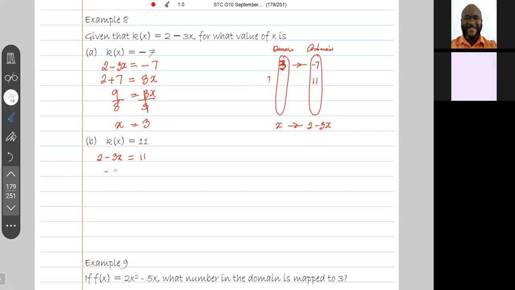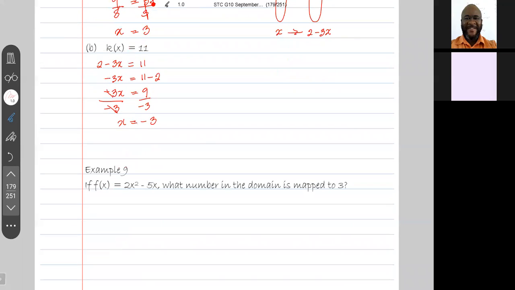So minus 3x is equal to 11 minus 2, minus 3x is equal to 9, and divide both sides by minus 3. And we get x is equal to minus 3. So the value over here that maps to 11 is minus 3. So that is what it is saying.